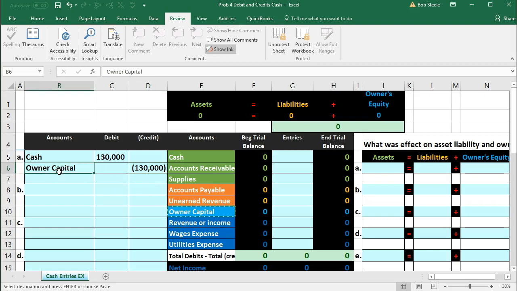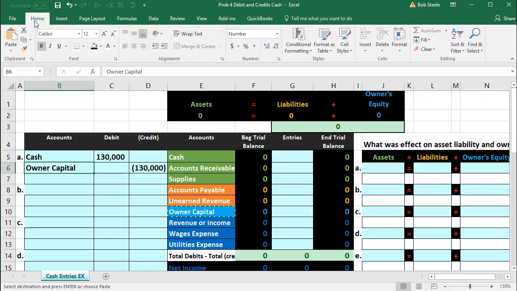Just for formatting, I'm also going to indent the second account, and one way to do that in Excel is to go to the Home tab, go to the Alignment group, and then use this Increase Indent item here. Okay, so Increase Indent. I think it's locking the cell to not do that. Hold on.